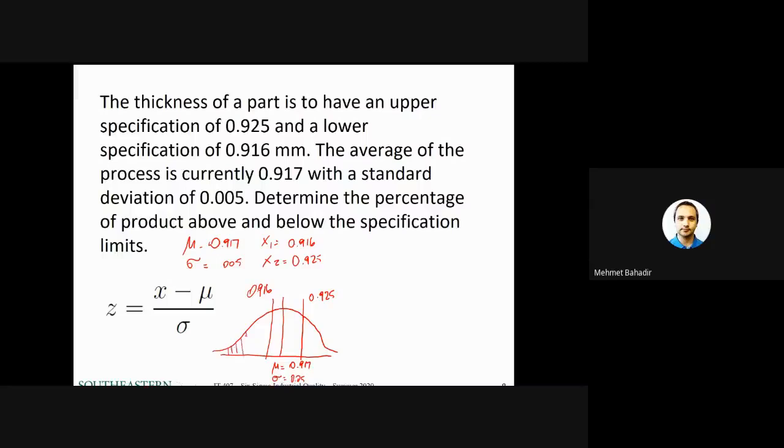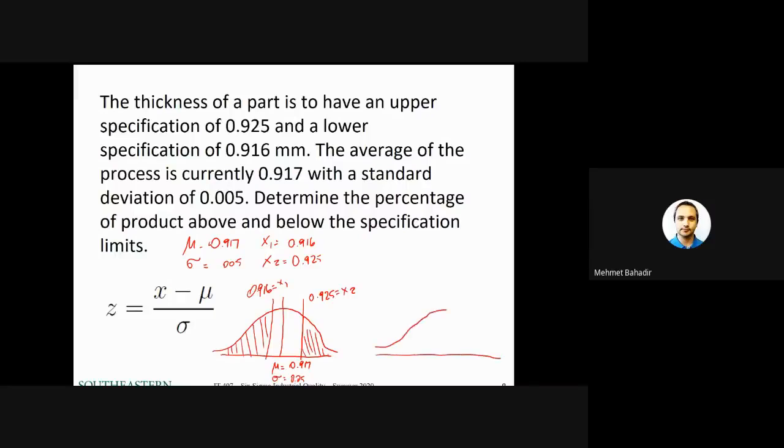So if we want to represent those areas below and above the specification limits, this is my x1 and this is my x2. x1, x2. So this really doesn't help me a lot.